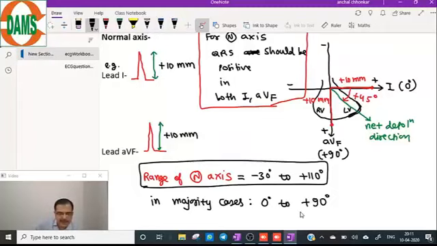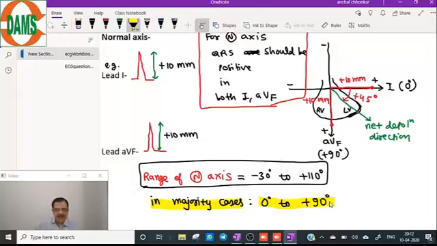In the majority of cases it is 0 to +90 degrees, but with physiological variations it will range from -30 to +110 degrees. But remember, the majority of normal individuals have a range of 0 to +90 degrees.